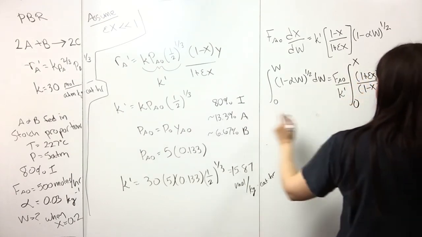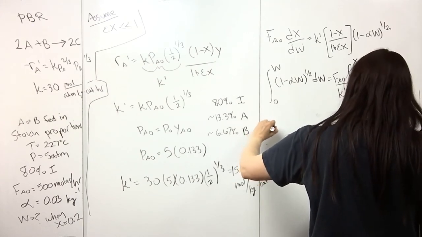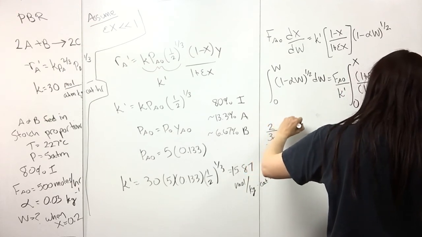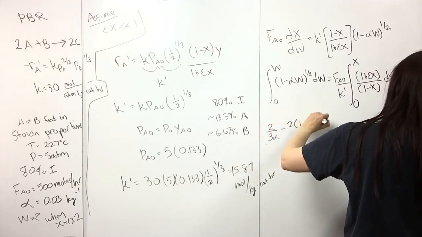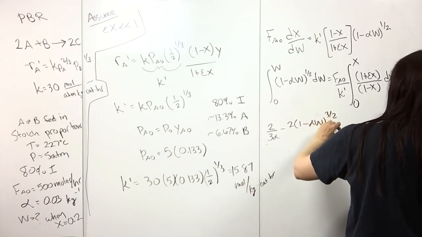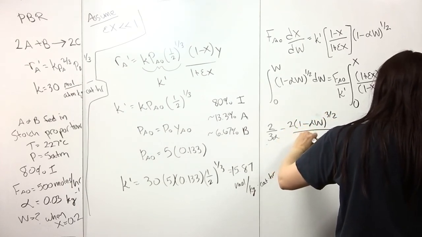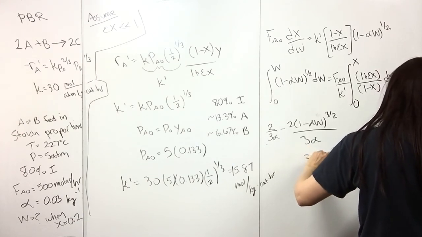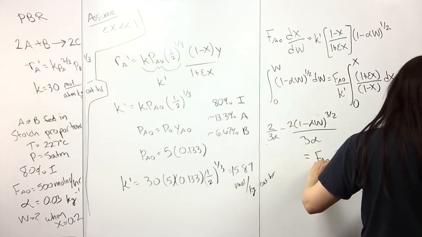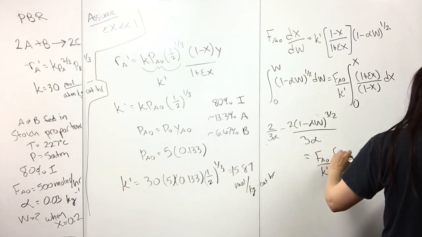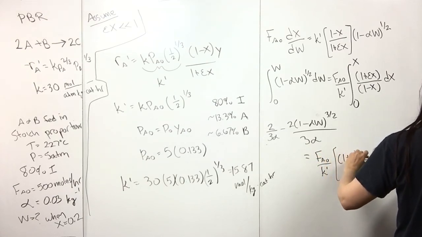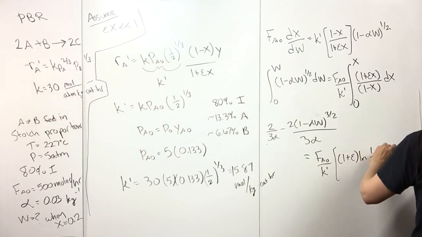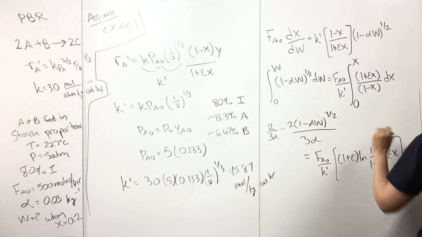So if we integrate this, we end up with 2 over 3 alpha minus 2 multiplied by (1 minus alpha W) to the 3/2 over 3 alpha, and that is equal to FA naught over K prime times (1 plus epsilon) natural log 1 over 1 minus X minus epsilon X.